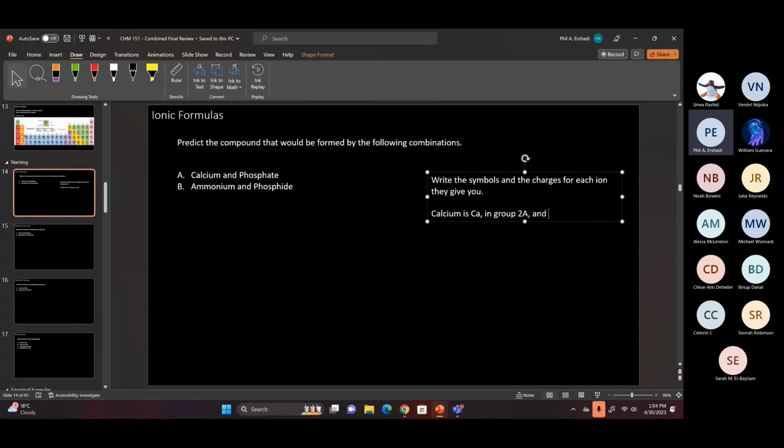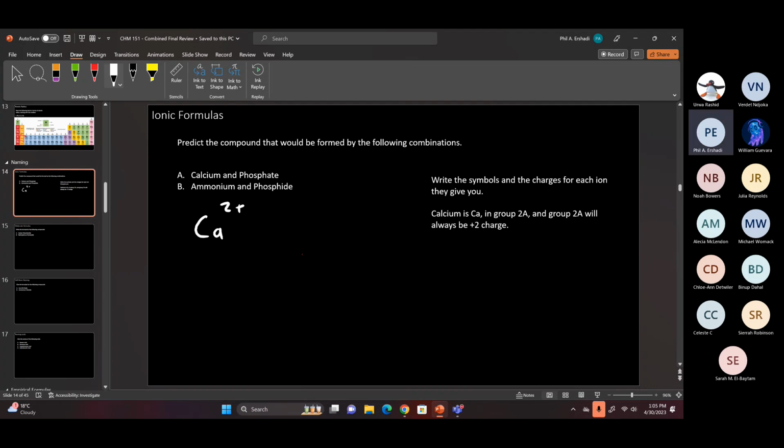And group 2A will always be plus 2. We'll write that down. Okay. We'll put the charge up there.